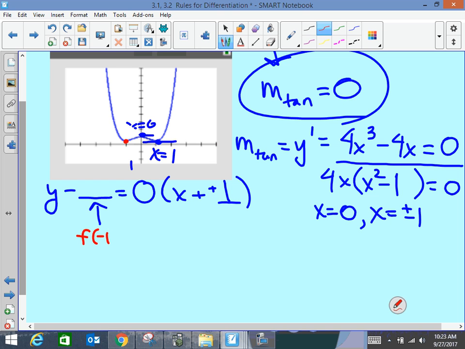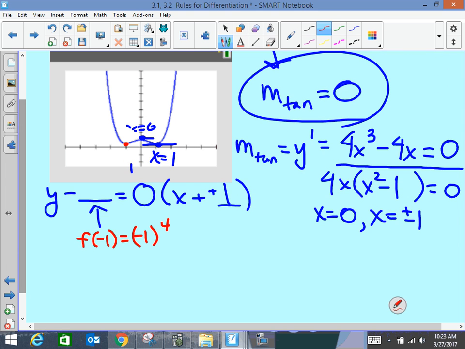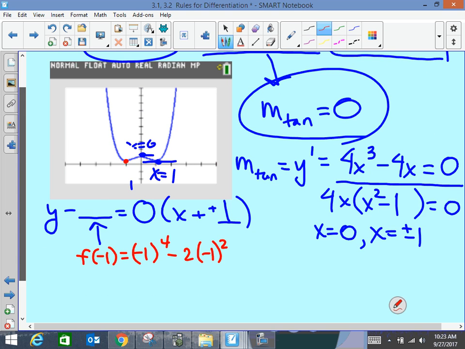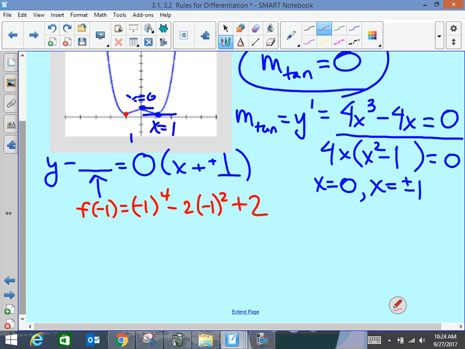Okay, so right there. F of -1 is -1 to the 4th minus 2 times -1 squared plus 2. All right. So what's that? 1 minus 2 plus 2. 1. Okay?